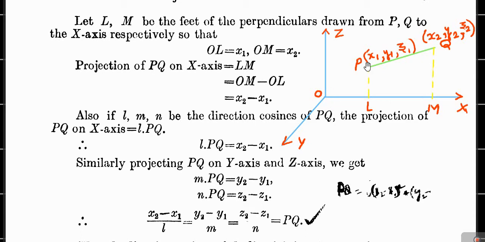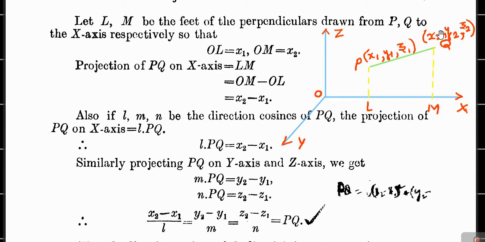Now as the point P has x coordinate x1, the distance OL is equal to x1, and similarly point Q has x coordinate x2, which means the distance OM is equal to x2.